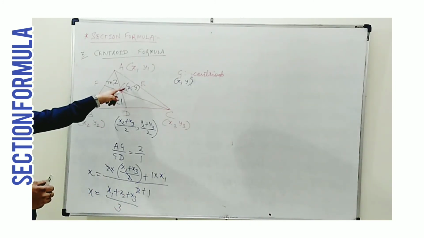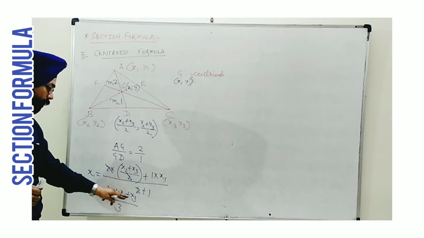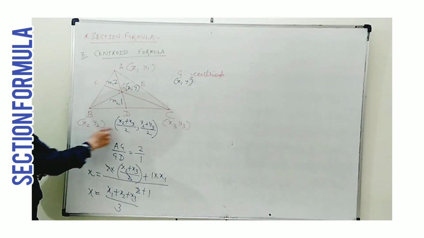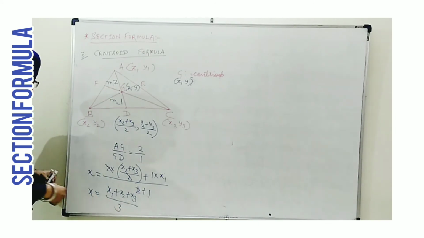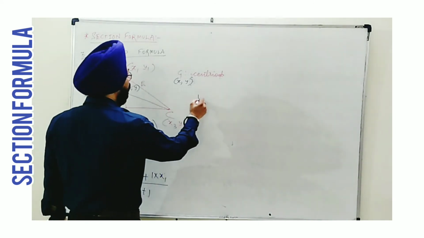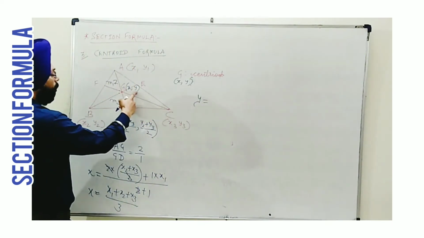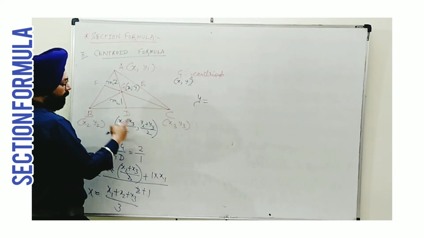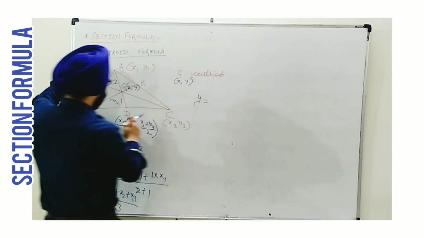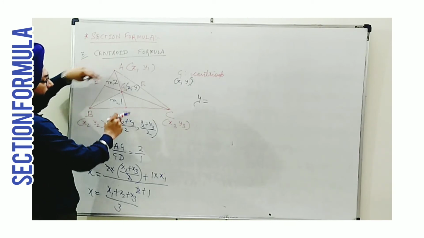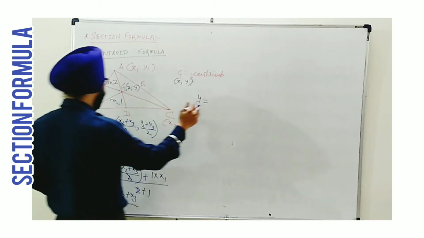We have obtained the abscissa of the centroid as x1 plus x2 plus x3 upon 3. Here we have seen it comes from the addition of all three abscissae divided by 3. The same way, if I do it for y, it will be obtained as 2 multiplied by the ordinate of D. Here I am applying the section formula on line segment AD, where G lies between them.